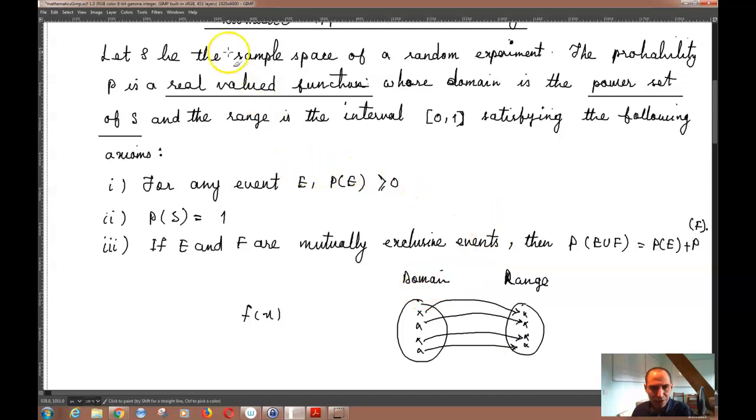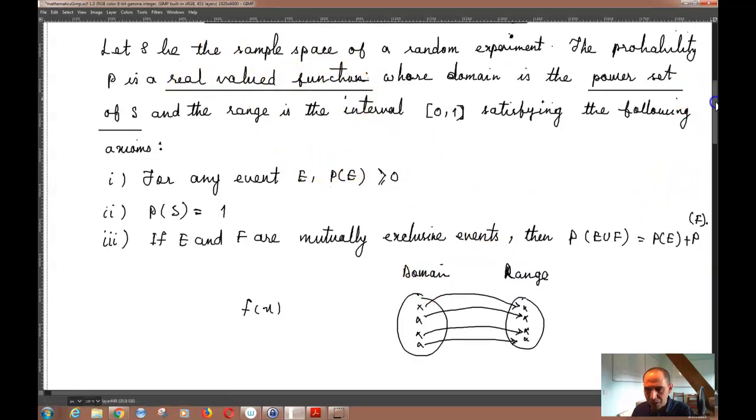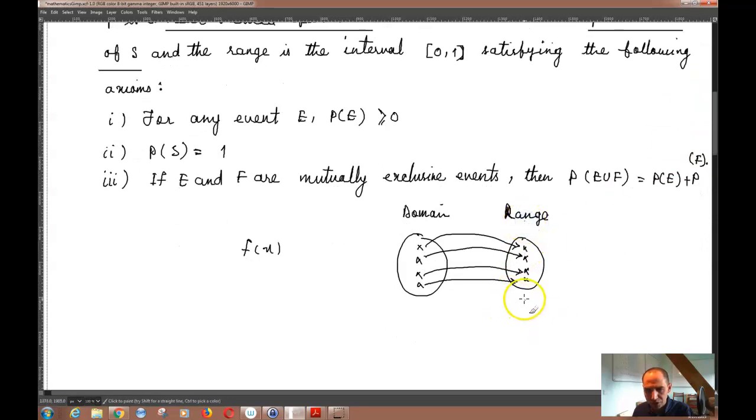Now when they say a real valued function, you can imagine that the range of the function is the set of real numbers, meaning that if I call this x, then f of x belongs to the set of real numbers.